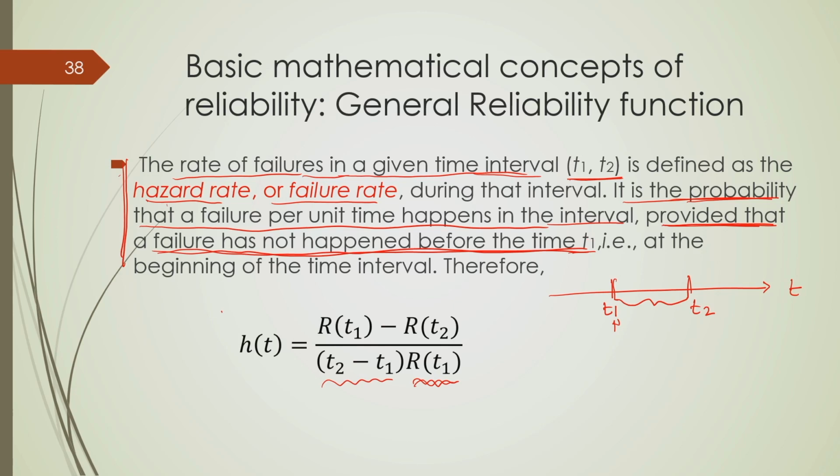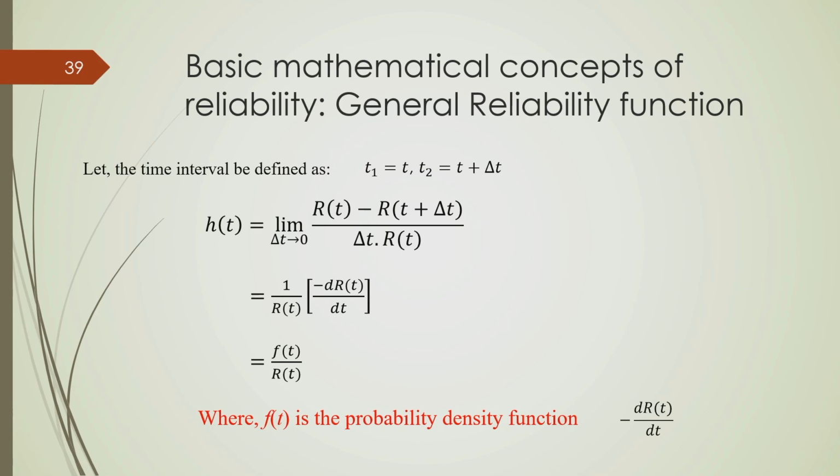Now, let us reorient this interval. Let us consider t1 as t and t2 as t plus del t. That means the duration of the interval is represented by del t.